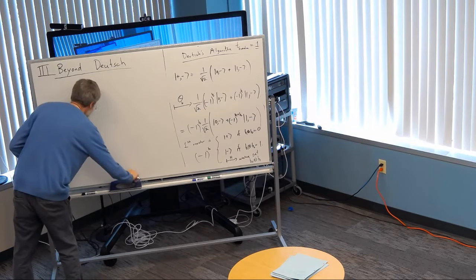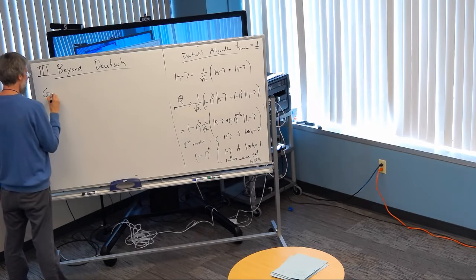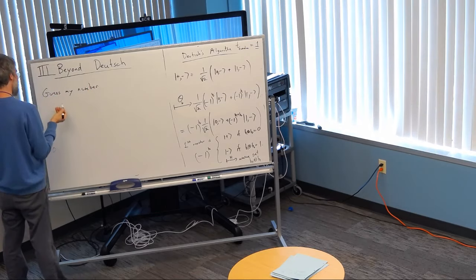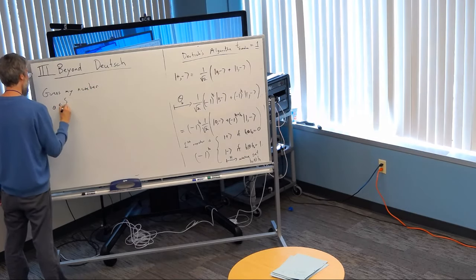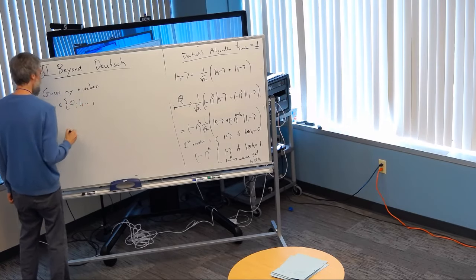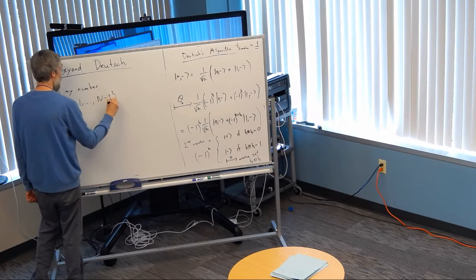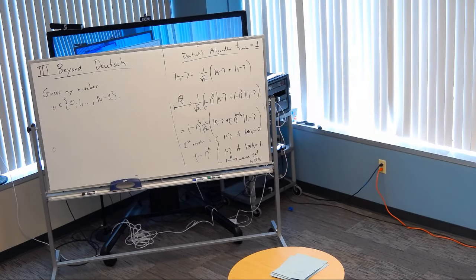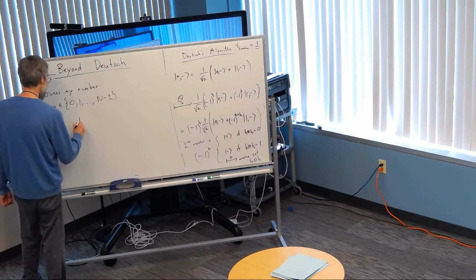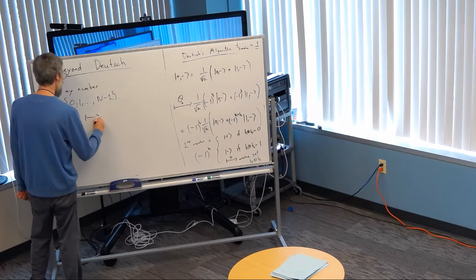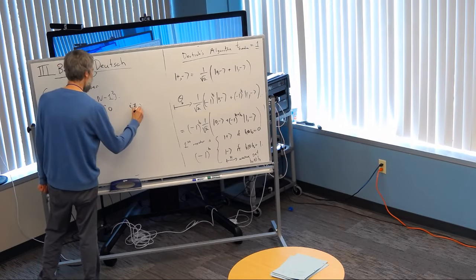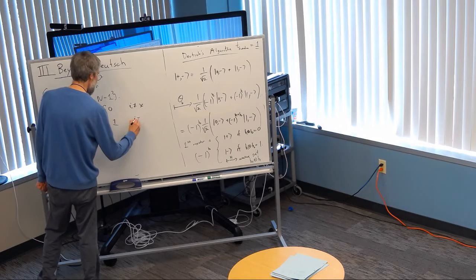Okay, so there's something called Grover's algorithm, which is the game called Guess My Number. I'm thinking of a number A. It's between 0 and n minus 1. What's my number? And you're allowed to ask me queries like, is your number 12? And I will respond with a yes or no. So if you input a query I, I'll respond with 0 if I is not x, and I'll respond with 1 if I equals x.